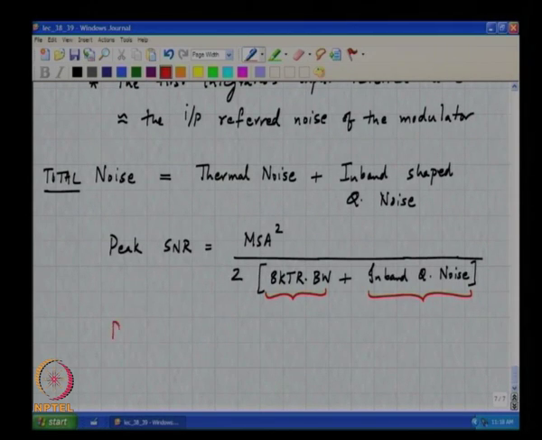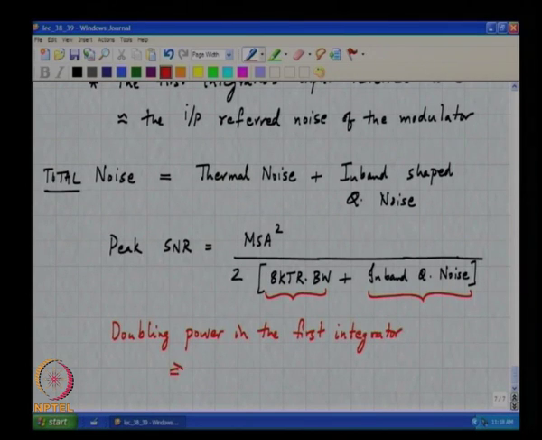Specifically, doubling power in the first integrator will cause the thermal noise power to go down by a factor of 2, all right.